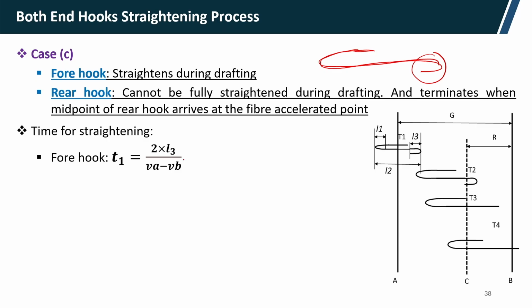The time required for the leading hook, T1, is L3 by (VA minus VB) by 2.